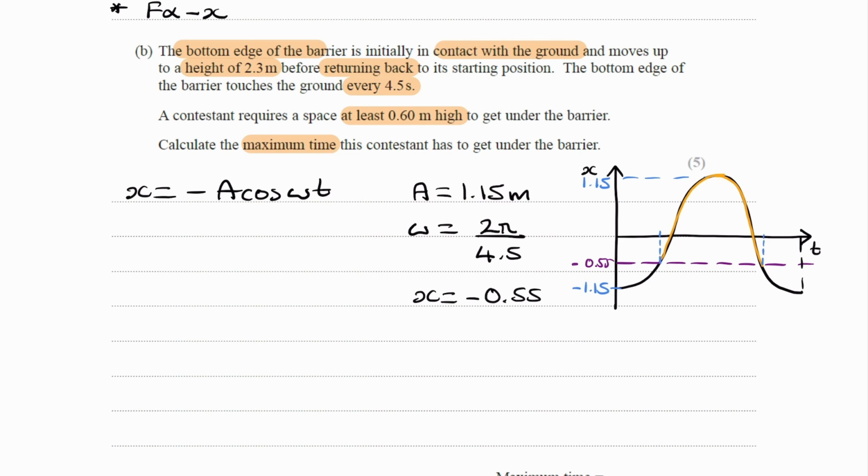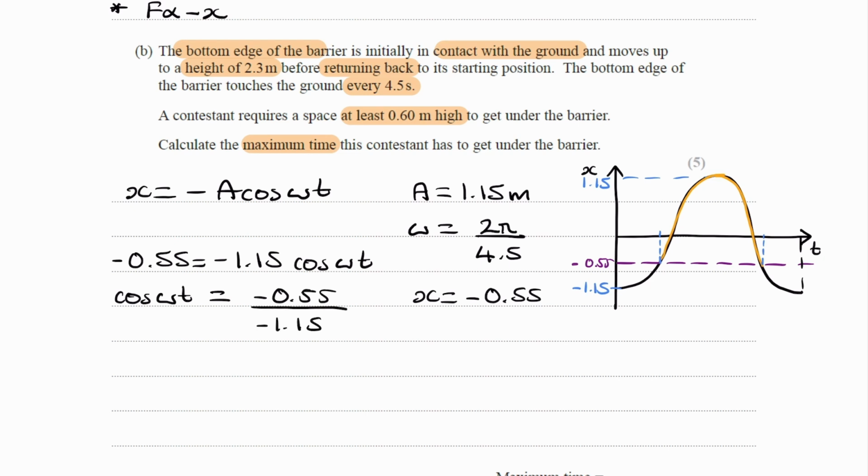So we have minus 0.55 is equal to minus 1.15 cos omega t. I'll replace the omega later with 2 pi over 4.5. So then cos omega t is equal to minus 0.55 over minus 1.15.